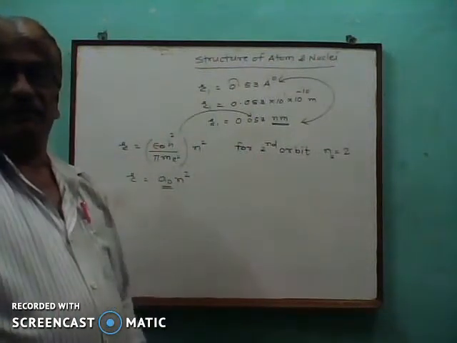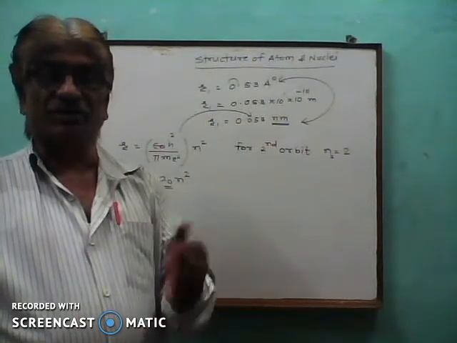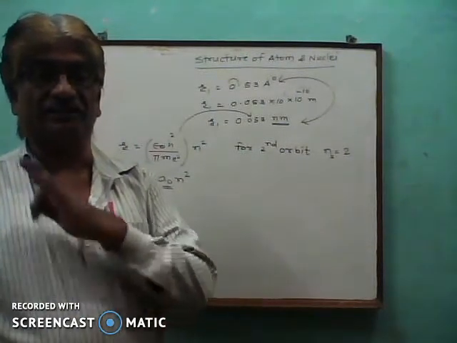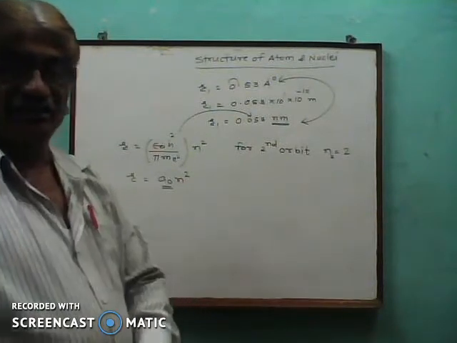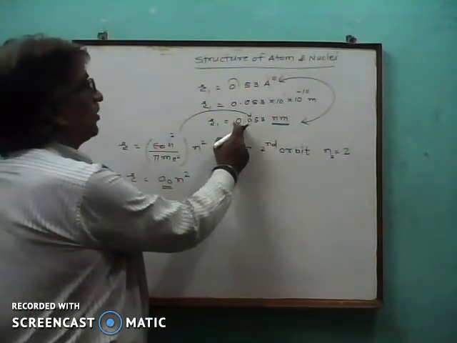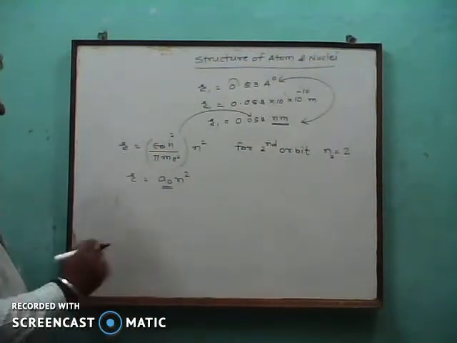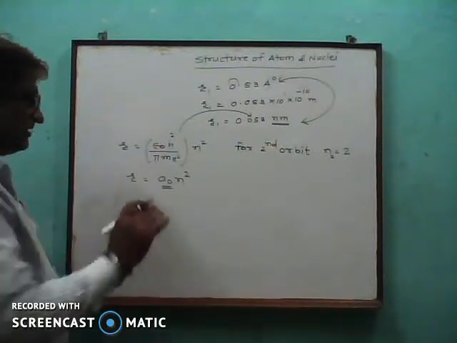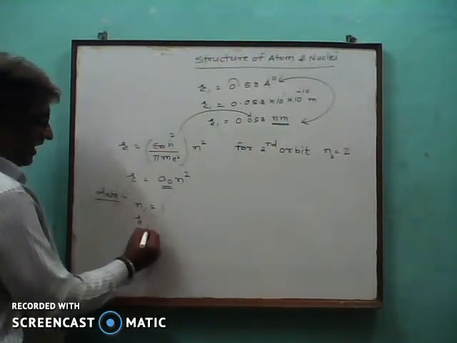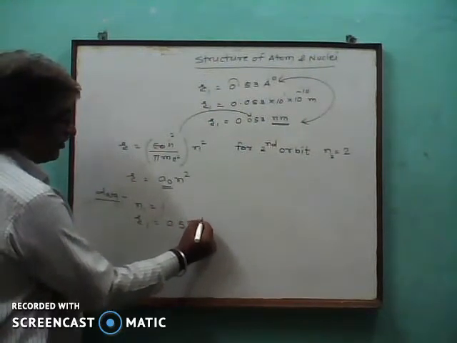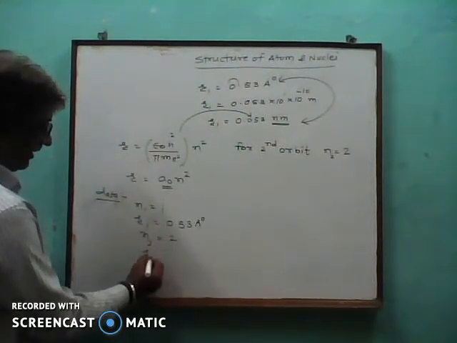If a question is asked, find the radius of second orbit in Bohr's theory of hydrogen atom, if radius of first orbit in Bohr's theory of hydrogen atom is 0.053 nanometer or 0.53 angstrom unit, then we solve such a problem with the data given: n1 equal to 1, r1 is equal to 0.53 angstrom unit, but n2 is equal to 2, and we want to find radius for second orbit.